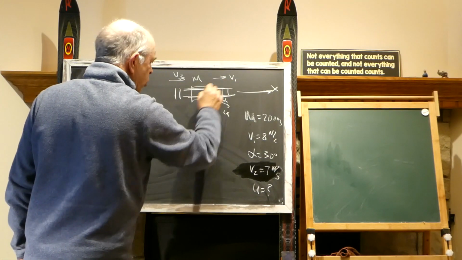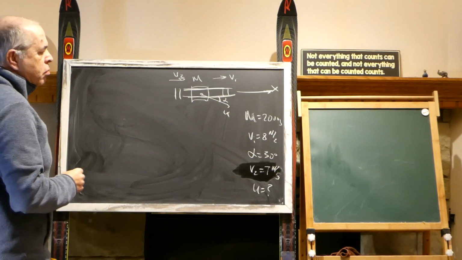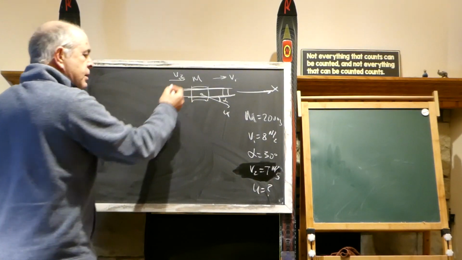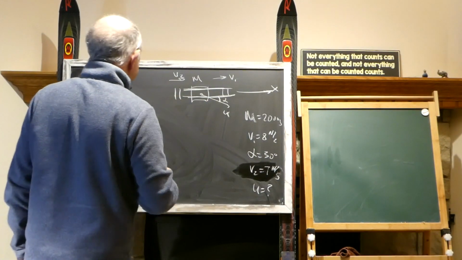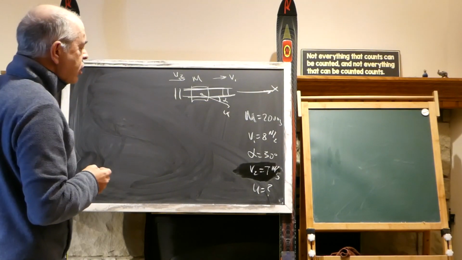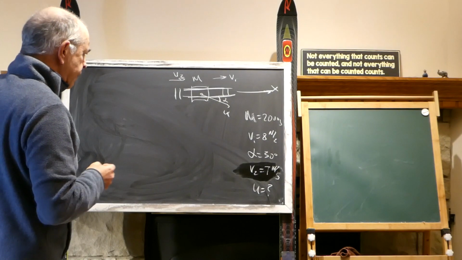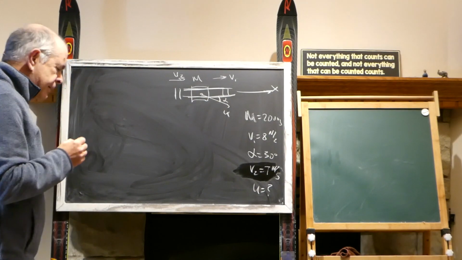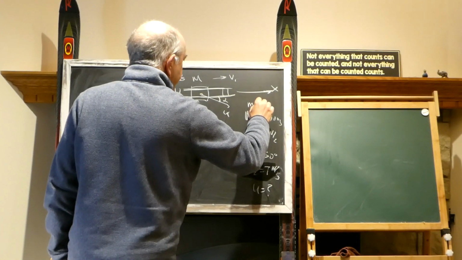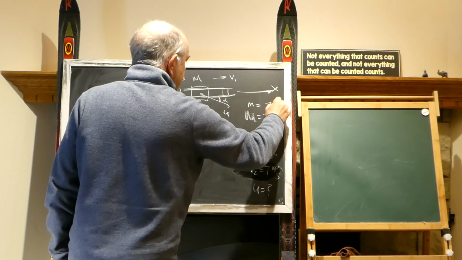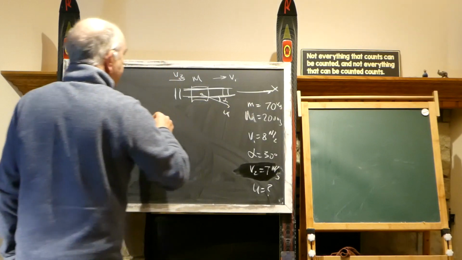And this is how it moves. And so, in this direction, the system is not a closed system. But in this direction, it's a closed system, so the law of conservation of momentum applies, and I forgot to tell you that the mass of the person is given, of course.